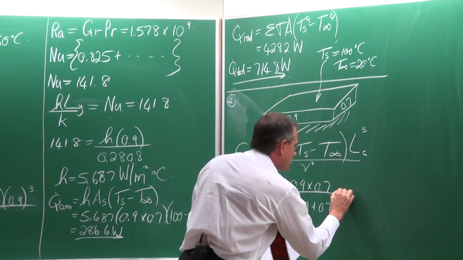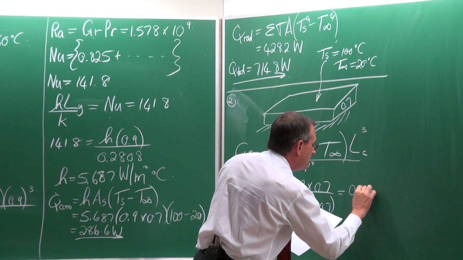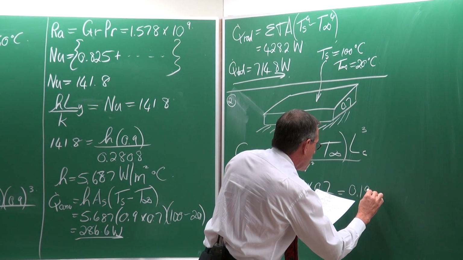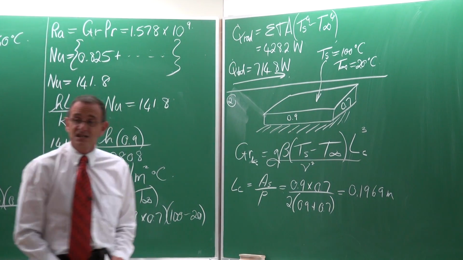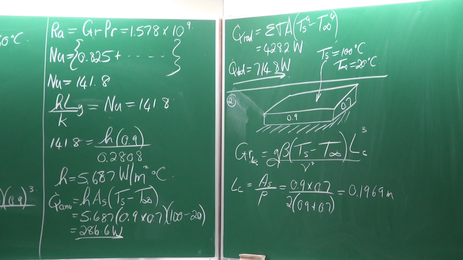And take note, the characteristic length is only 0.1969 meters. So the characteristic length now becomes only about 200 millimeters. Very small.